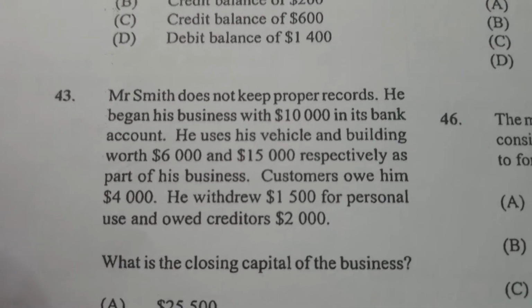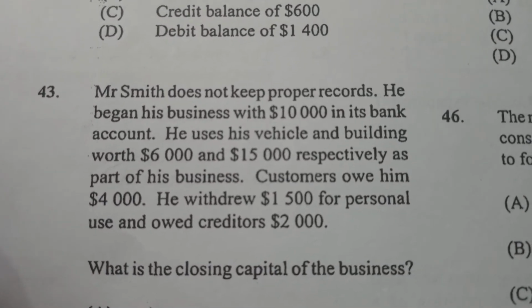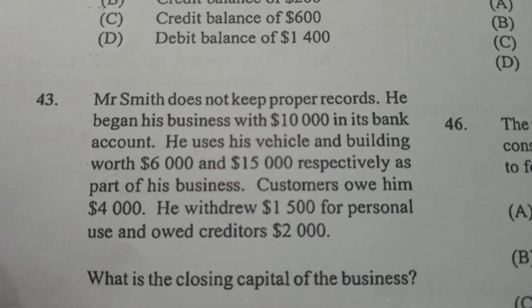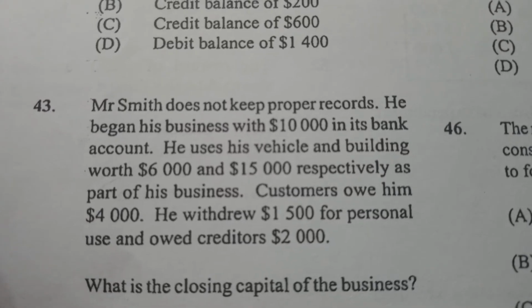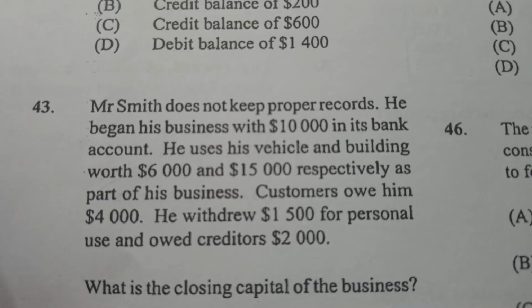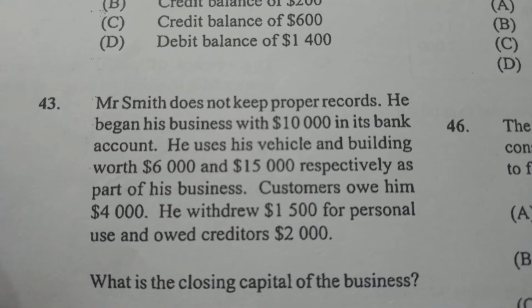He would have a debit balance of $200. Let's go to question 43. Question 43 says, Mr. Smith does not keep proper records. He began his business with $10,000 in its bank account. He uses the vehicle and building worth $6,000 and $15,000 respectively as part of his business. Customers owe him $4,000.